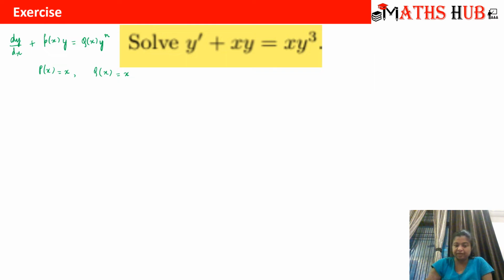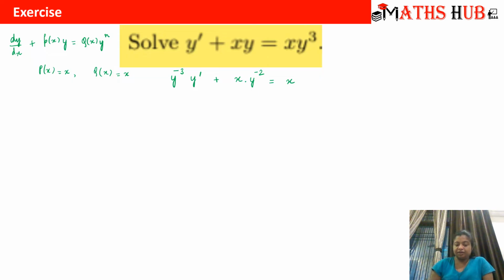Both are x. First of all, let us convert this into a Leibniz form, so we divide by y^3. We get y^(-3) y' + x y^(-2) = x.